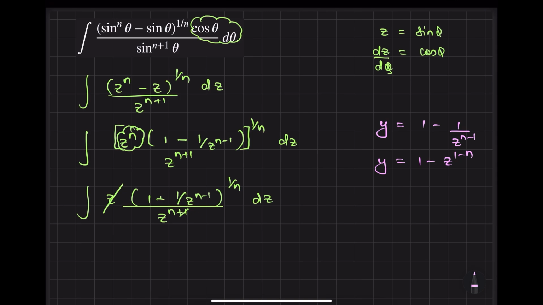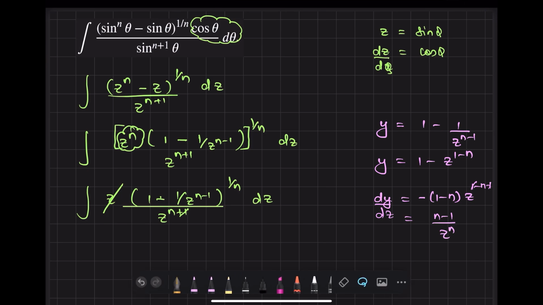Now do the differentiation with respect to z. So dy by dz equals, the differentiation of 1 will become 0, and then minus of (1 minus n), and then z to the power what? It is n minus 1, so 1 minus n minus 1. So this thing is gone, and we will be left with (n minus 1) upon z^n. Understood?